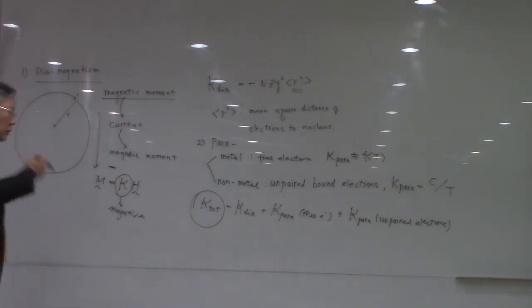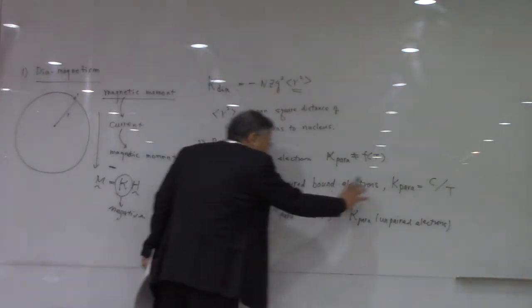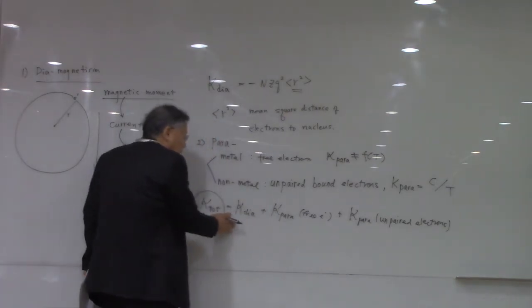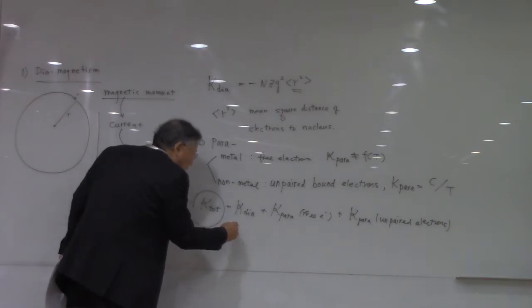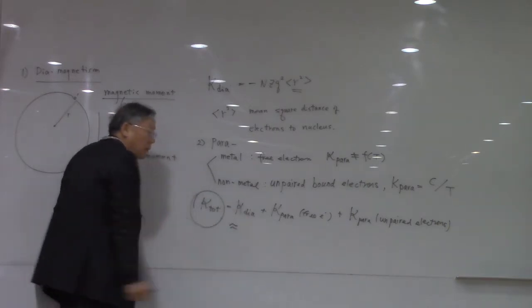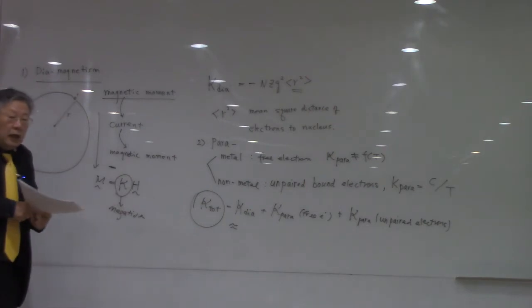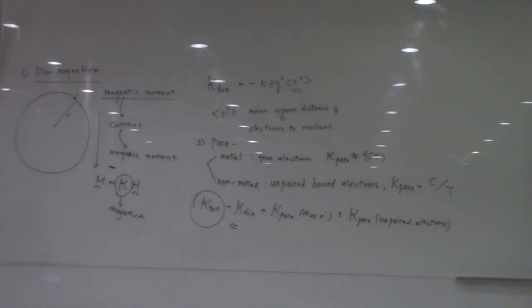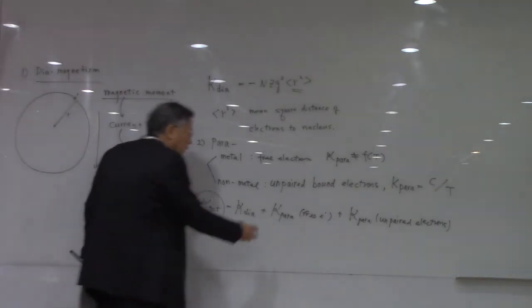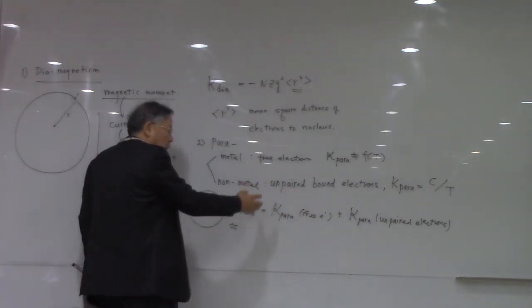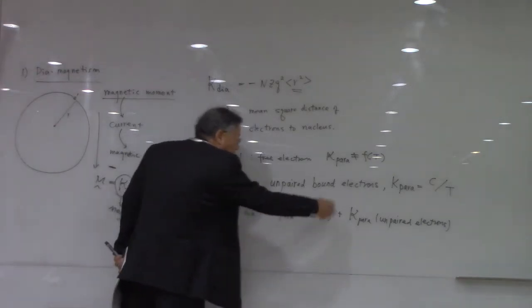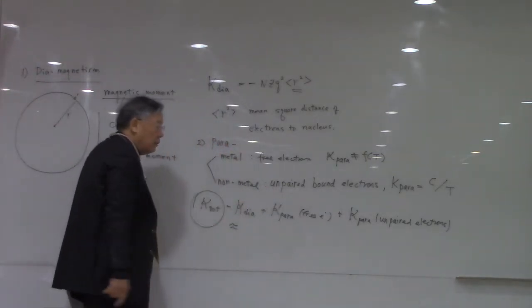And for some of the materials, these are trivial, and this total susceptibility can be approximated to the diamagnetic susceptibility, and we call that material in that case a diamagnetic material. Okay, and then for some of the materials, especially the metals, this chi para is big compared to the dia and the para from unpaired electrons.